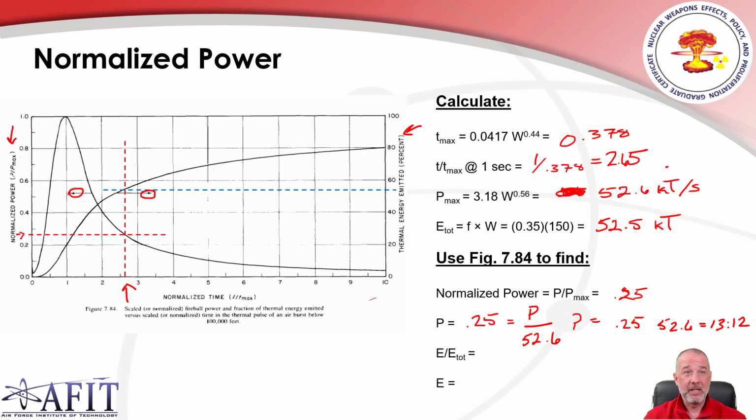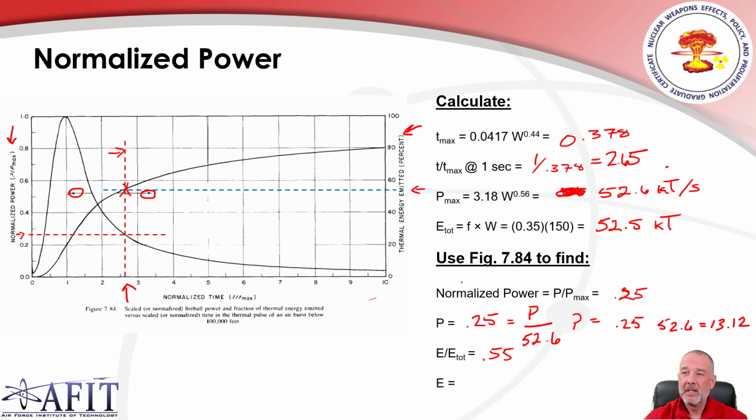So how much energy have we produced up until that point, that 1 second? So all we do again is we look at our cool little dotted line, see where it crosses here, draw a horizontal line to this axis, and then we can estimate it, we'll call it about 55%. So we'll call it 0.55.